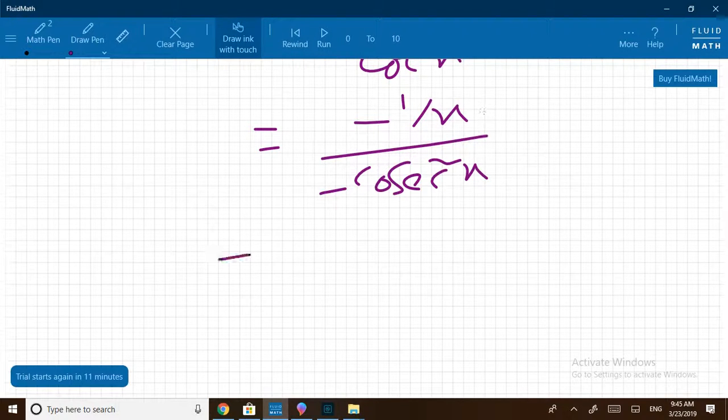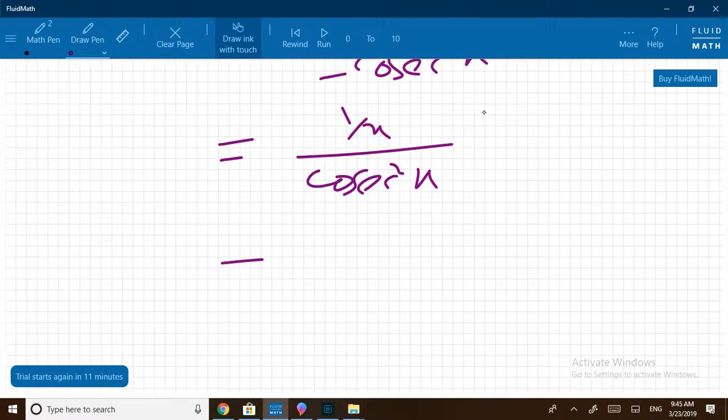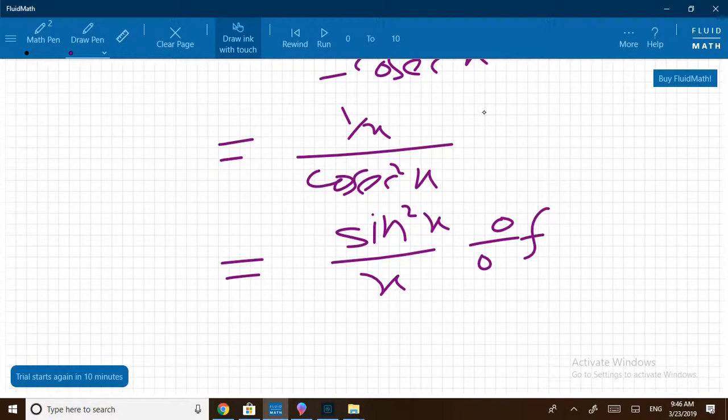This is equal to 1 by x over cosecant square x, which is equal to sine square x divided by x. Now again it is a 0 divided by 0 form, it means we will apply the L'Hospital rule.